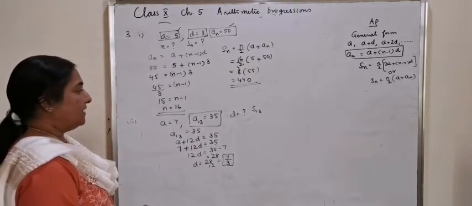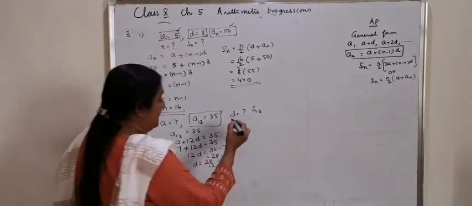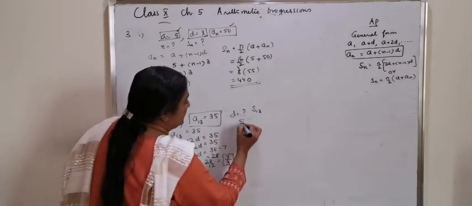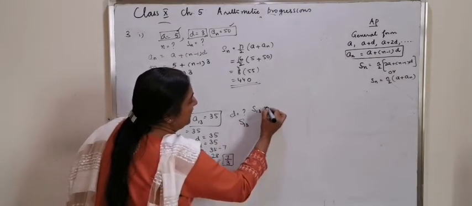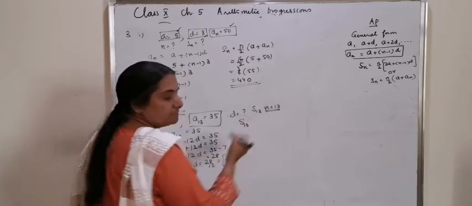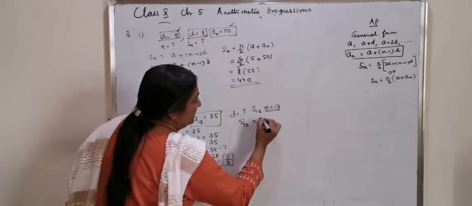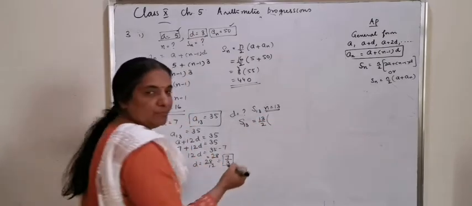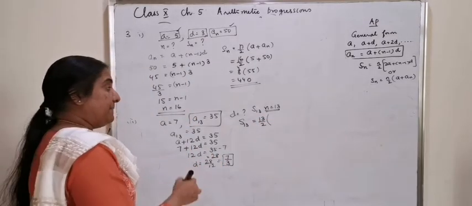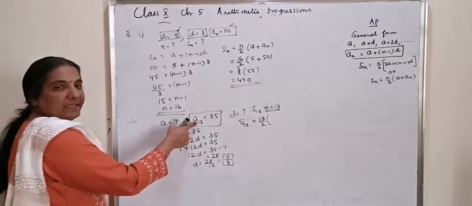Now you are asked to find out what is S13. So S13 means the value of n is 13. S13 is equal to 13 by 2 into A plus, you have A also, you have A13 also.